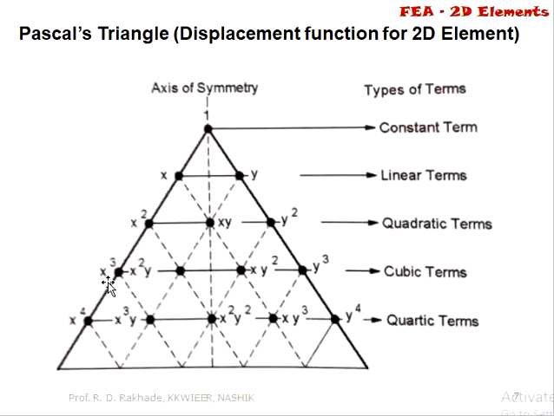And y increases, here we can say y raised to power 0 means 1, y raised to power 1, y raised to power 2, y raised to power 3, and like that x decreases and y increases in further stages. So this is called linear, quadratic term, cubic term, then quartic term. Okay, means by using Pascal triangle we can formulate displacement function for 2D element.